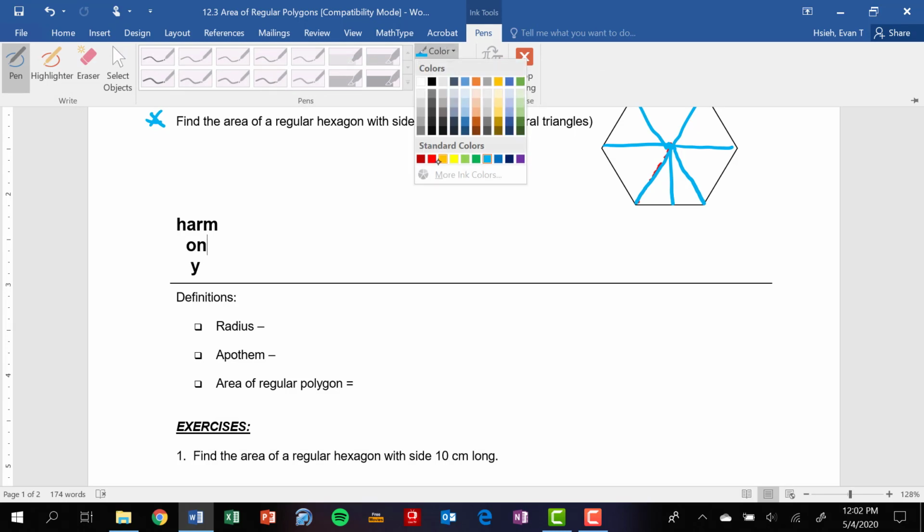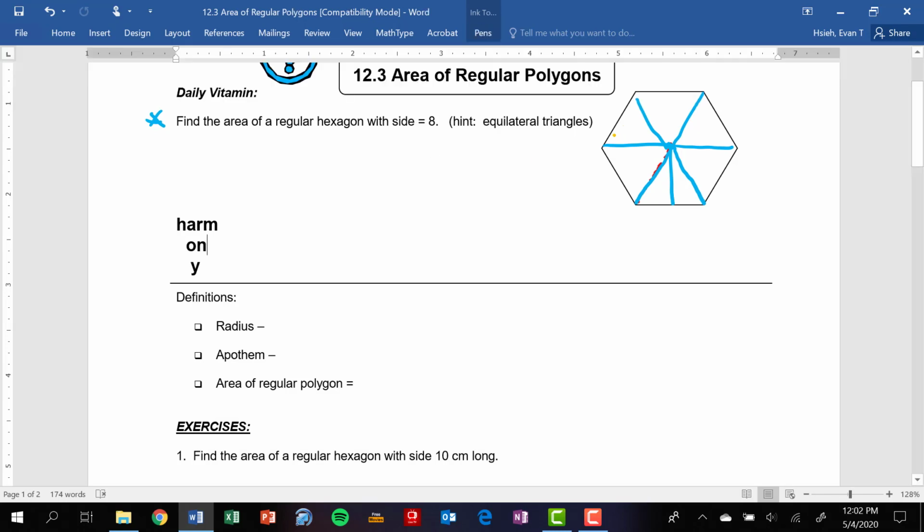I know that because each of these angles is 120 degrees, so each of these angles is 60 degrees, and all these lengths will therefore be the same. So with a regular hexagon with a side length of 8, I have a bunch of 30, 60, 90 triangles right here.